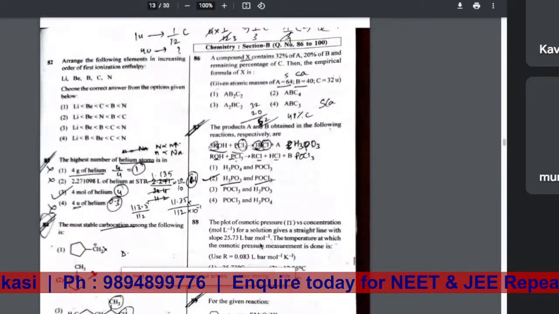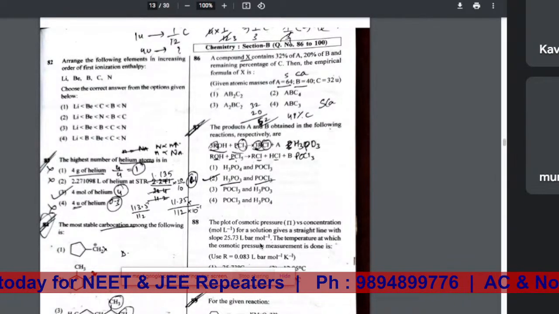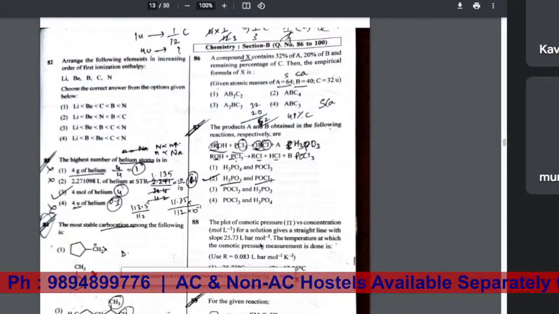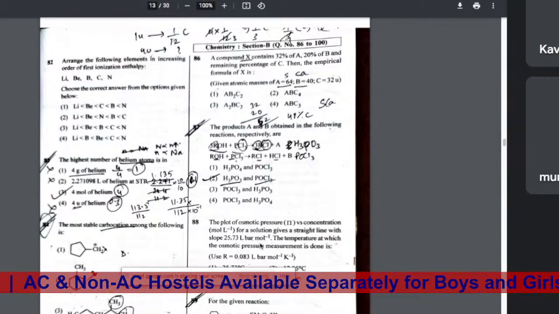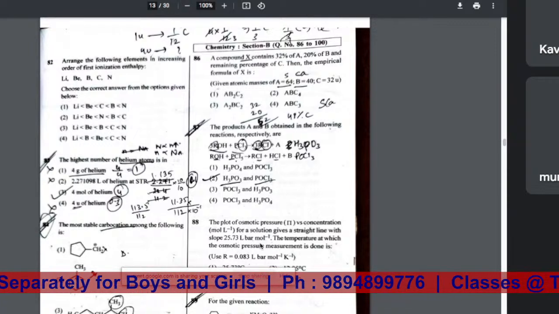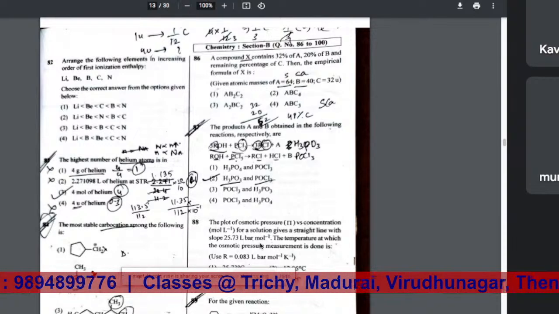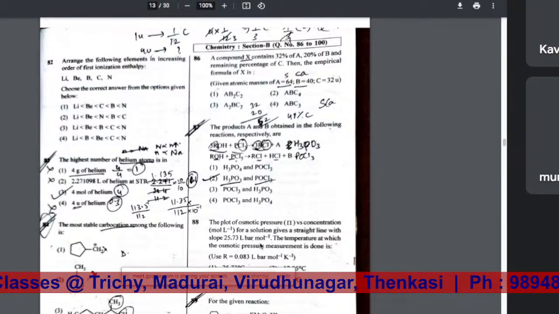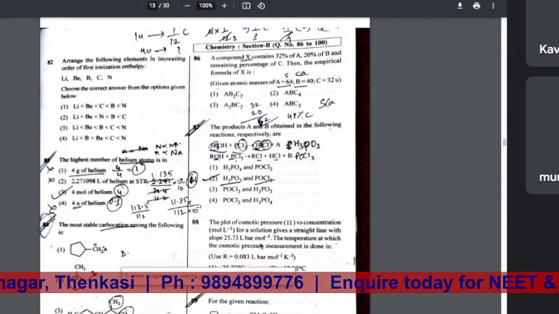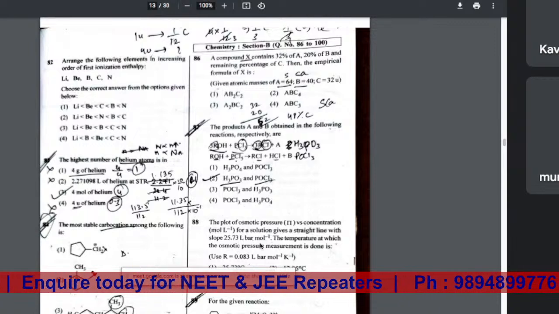You should remember. Now, a compound X contains 32% of A, 20% of B, and the remaining percentage of carbon. Then the empirical formula of X is. In X there is A 32%, B 20%, and the remaining percentage is C: 32 plus 20 means 52, so C is 48, total 100. Now A's molar mass is given as 64, so 32 divided by 64 is 0.5 moles.